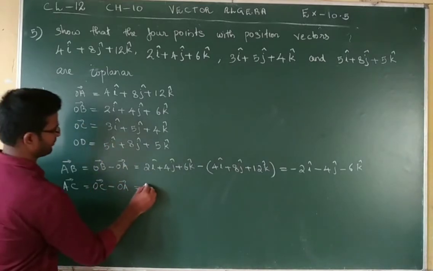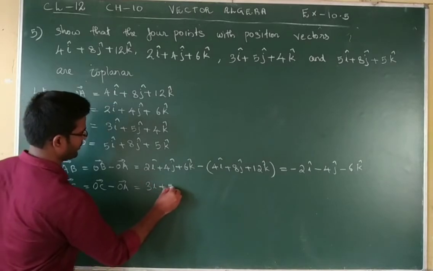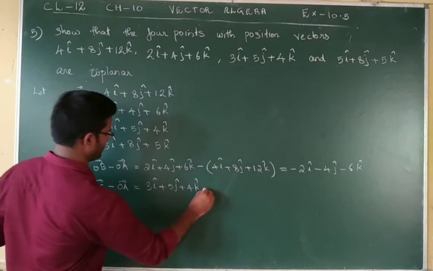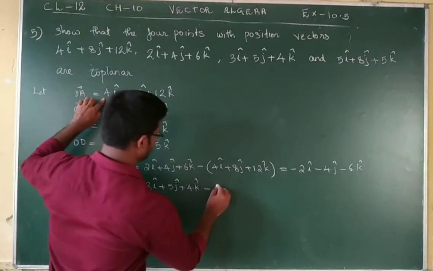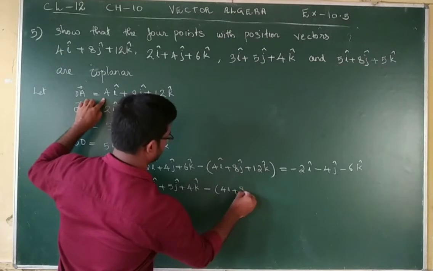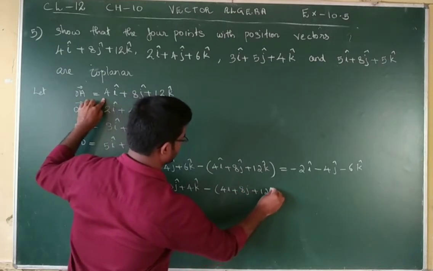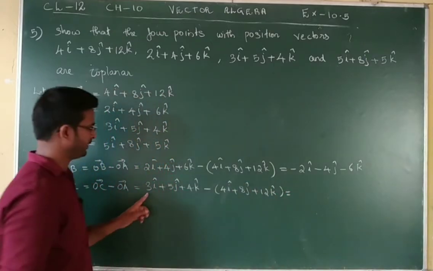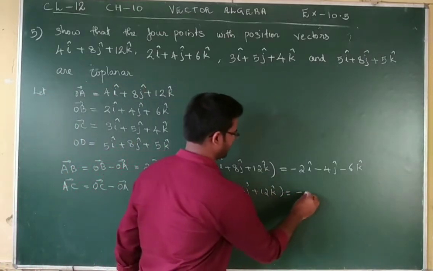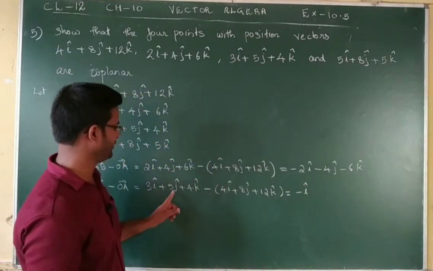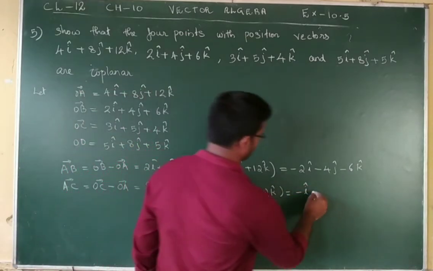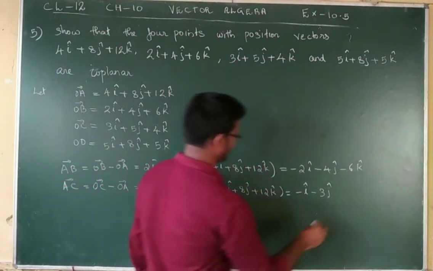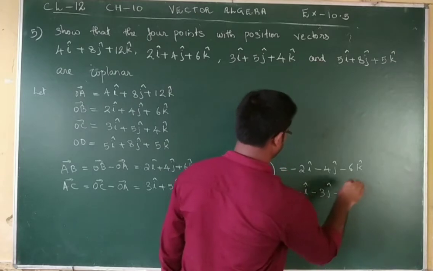OC is 3i plus 5j plus 4k minus OA vector is 4i 8j 12k, equal to 3i minus 4i, we'll get minus i. 5j minus 8j, minus 3j. 4k minus 12k, we'll get minus 8k.